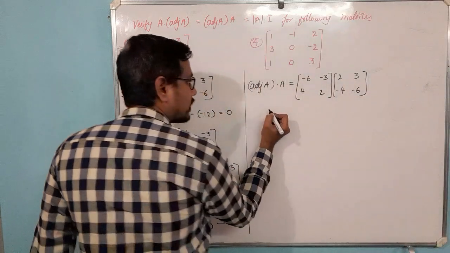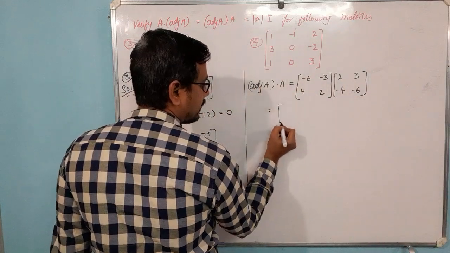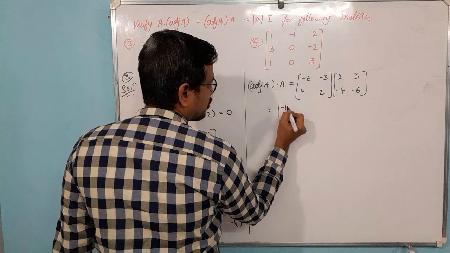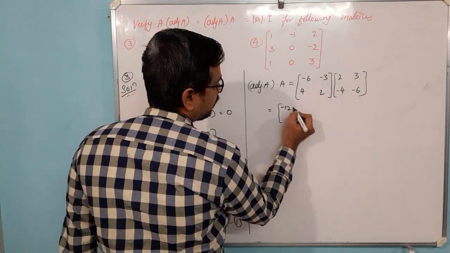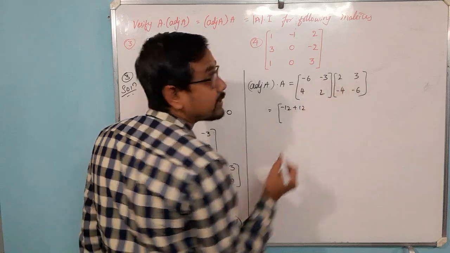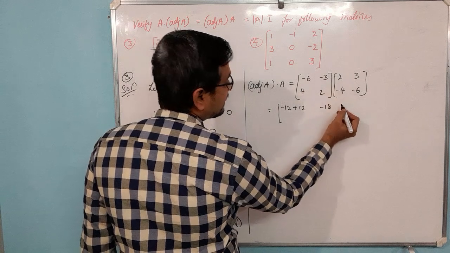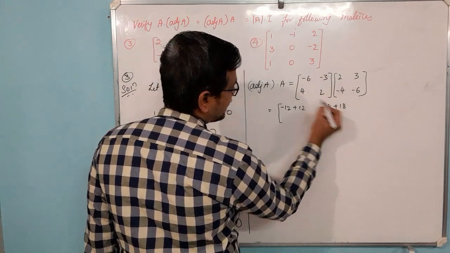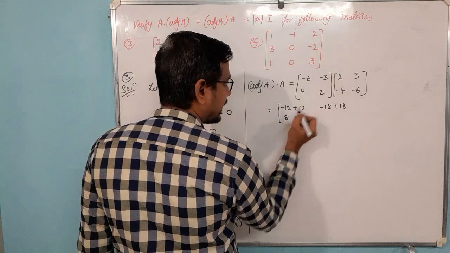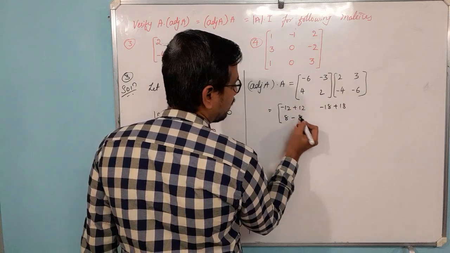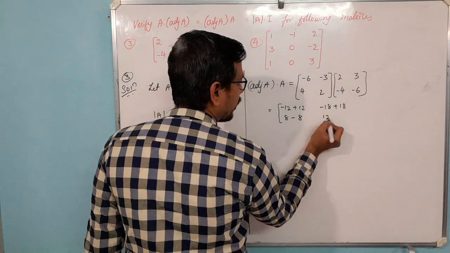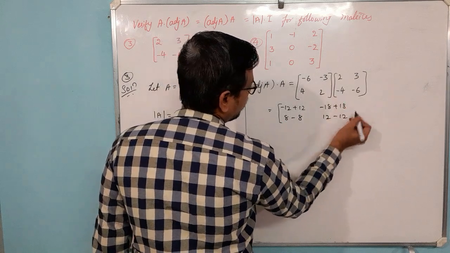So this will be minus 6 into 2, minus 12, minus 3 into minus 4, plus 12, minus 6 into 3, that is minus 18, minus 3 into minus 6, plus 18, 4 into 2, 8, plus 2 into minus 4, minus 8, 4 into 3, 12, plus 2 into minus 6, minus 12.